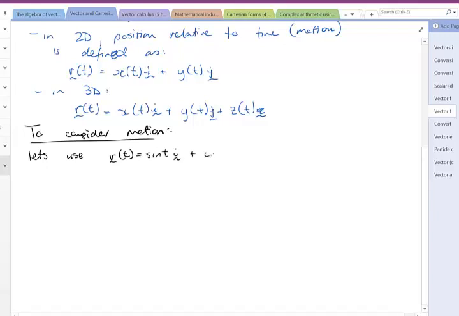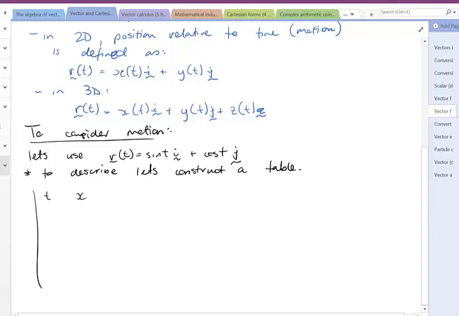To consider motion, let's look at the function r equal to sine t in the i direction and cos t in the j direction. We'll try to describe the motion of this particular function, so we'll construct a table. In this table, we'll consider t relative to x, which is sine t, and y, which is cos t.